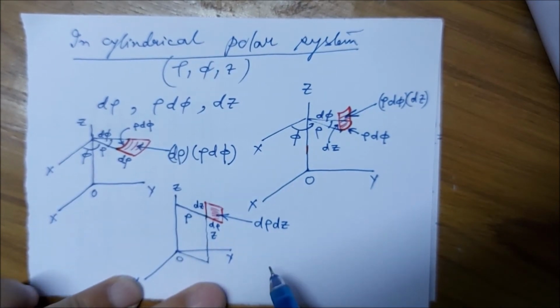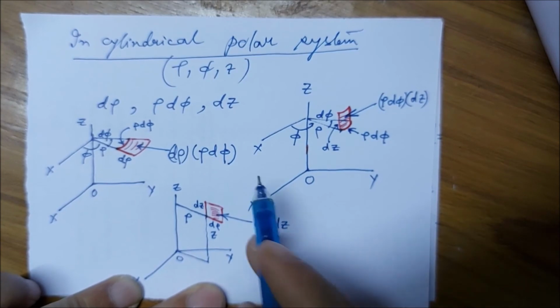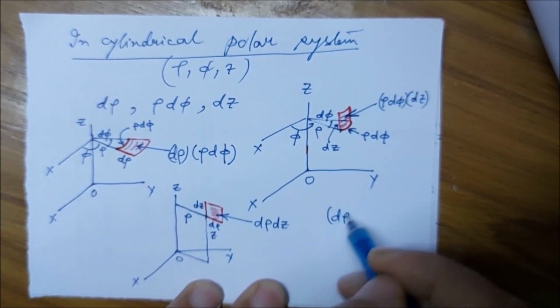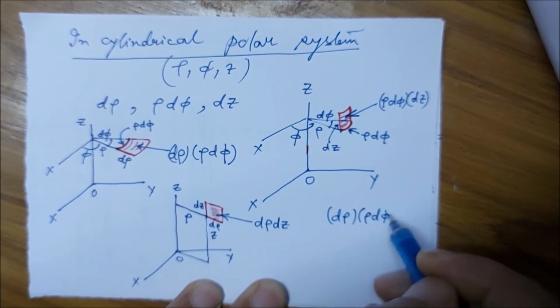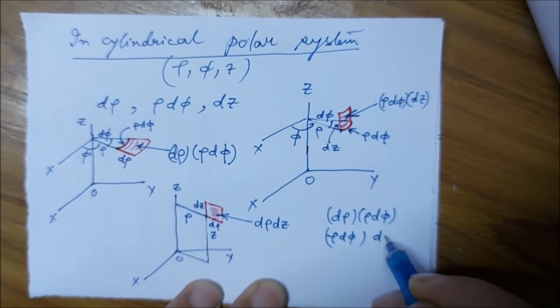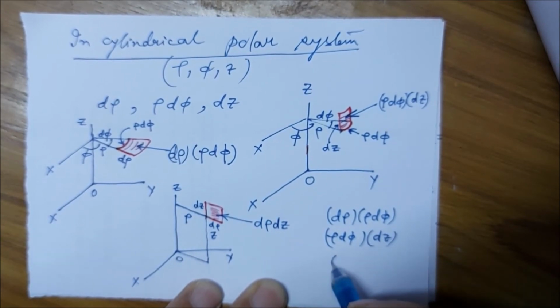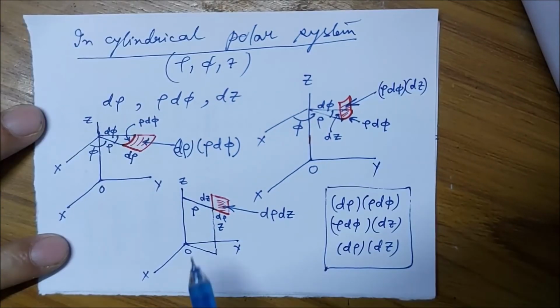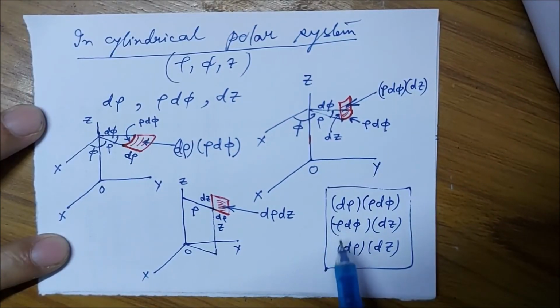So in cylindrical polar coordinate system, the surface elements are d rho rho d phi, rho d phi dz and d rho dz. In this system, the unit vectors corresponding to these area elements are very much evident.